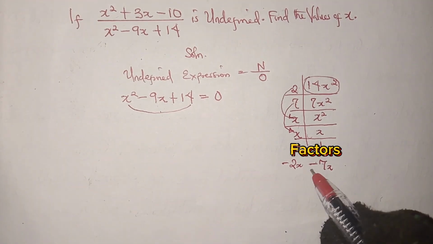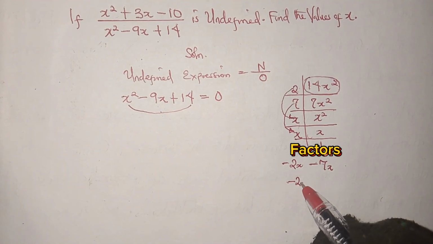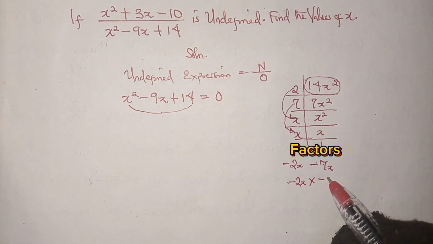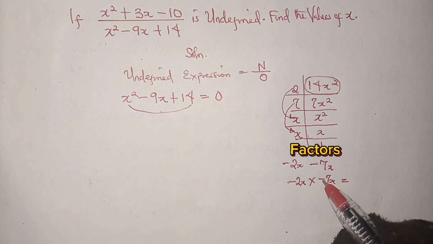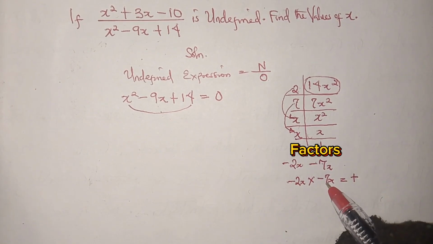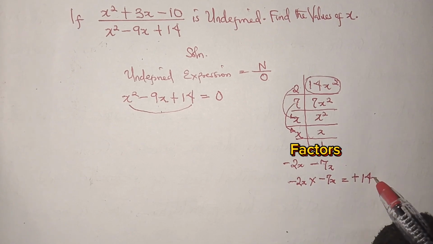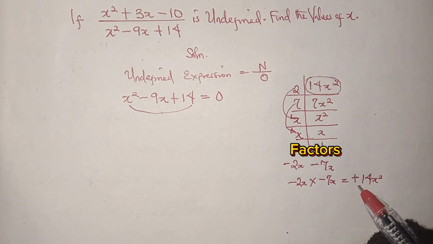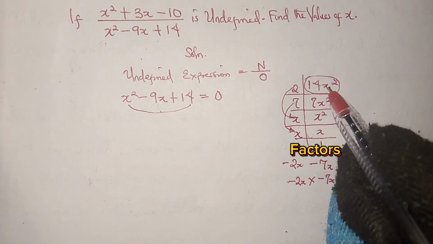So if we multiply minus 2x by minus 7x, the minus multiplying minus will become positive, and 2 multiplied by 7 will be 14x squared. So we now see that after the multiplication, we are having 14x squared.